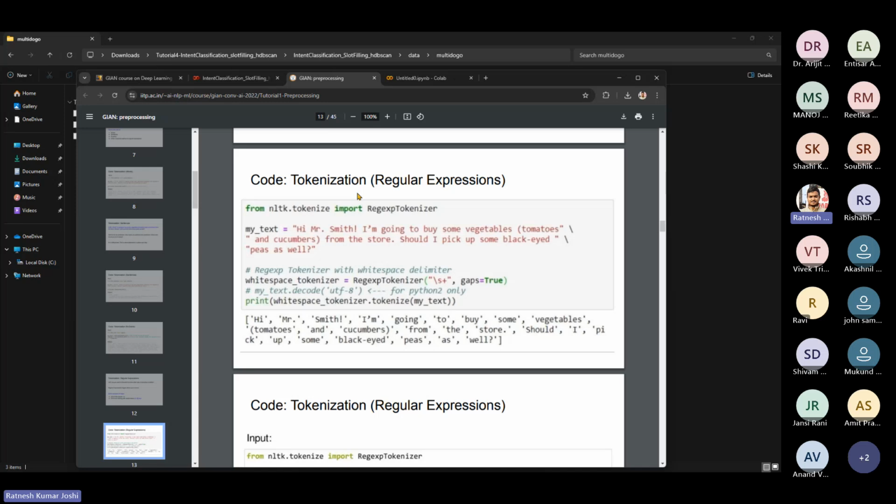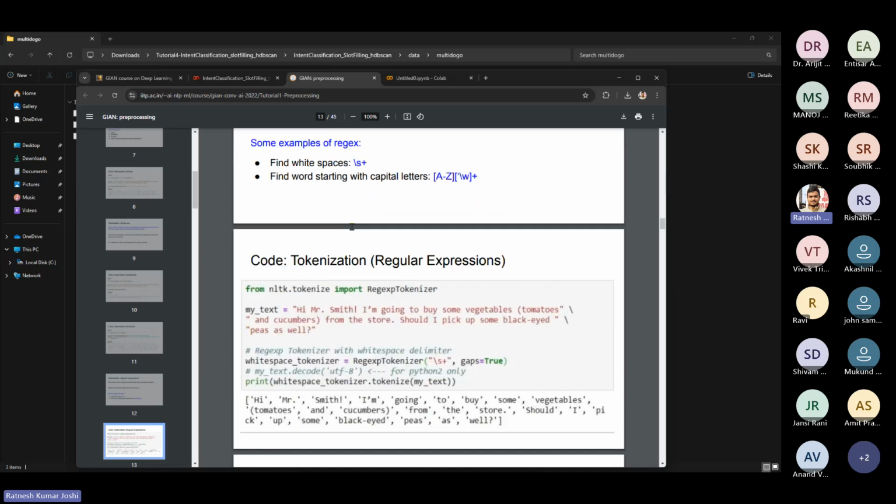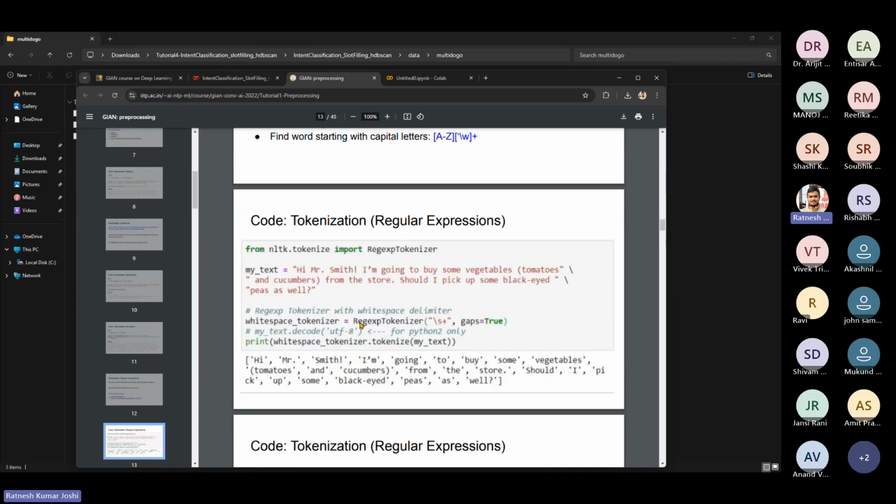Okay, what we have done here is defined a regular expression to tokenize our input. And how do we apply this regular expression? Our explanation is that after a space, anything could be possible, but a new token should be there.